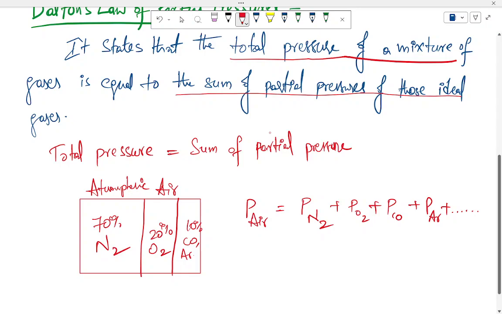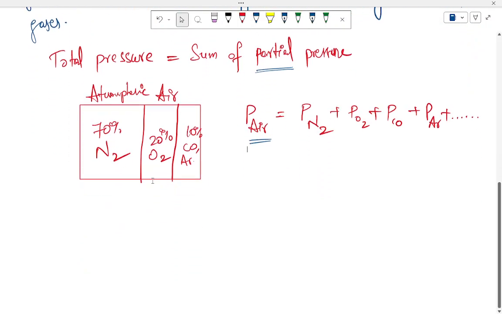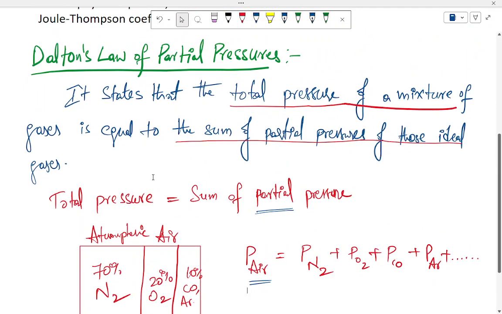Whatever the elements are, the individual pressures are nothing but called partial pressures. If you take the sum of these partial pressures, that will give you the total pressure of that particular mixture. This is applicable not just for air, but for any mixture of gases. That's what Dalton's law of partial pressures says.